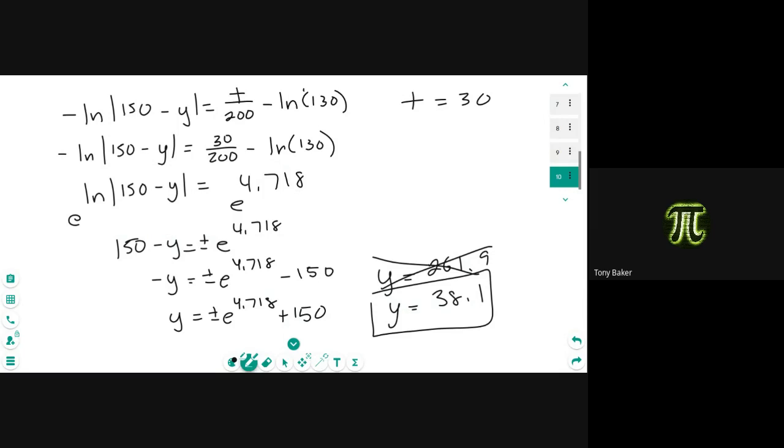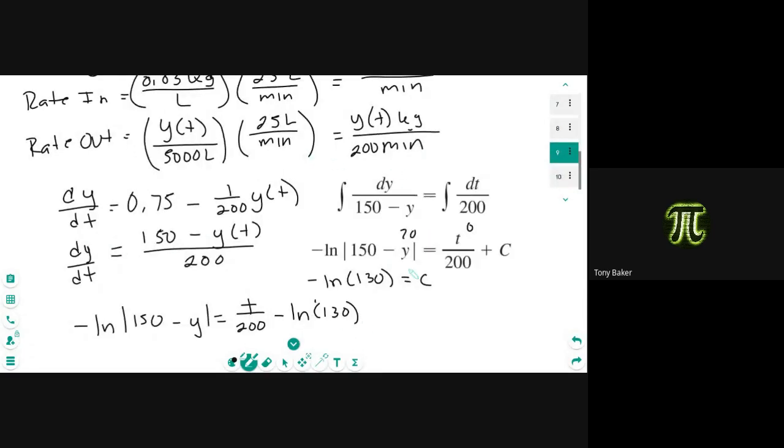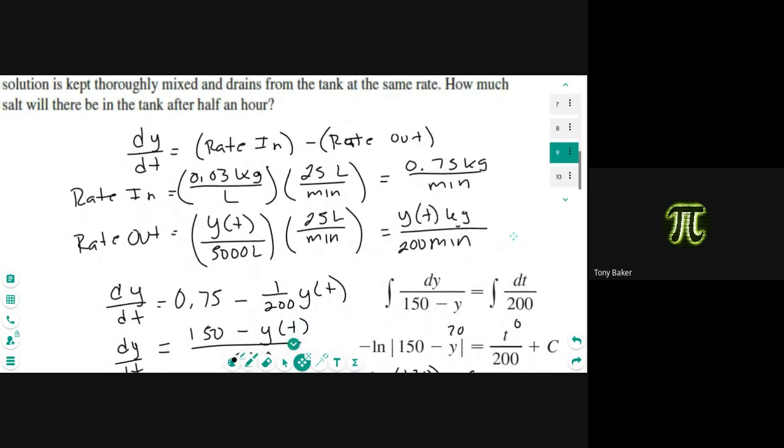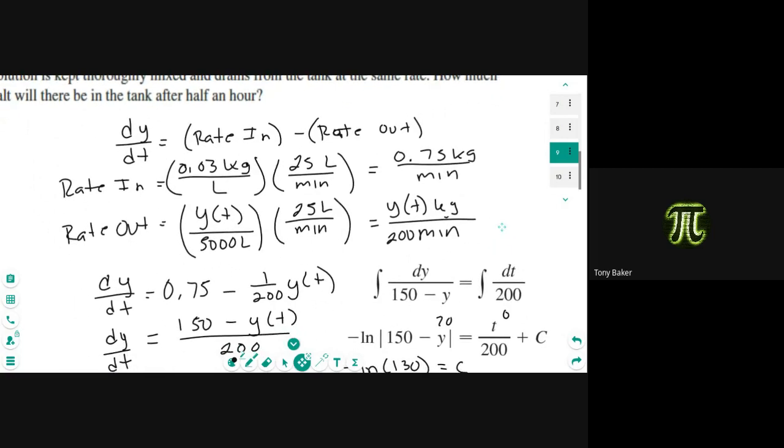It's not per liter. It's total, right? It's how many kilograms at that point. That's what we're trying to find. We're trying to figure out how many kilograms is in it. So that's really the difference in this. That's why the original problem was a derivative or a differential equation, because it was a rate. It was kilograms per minute. So we have the rate of change at that point.